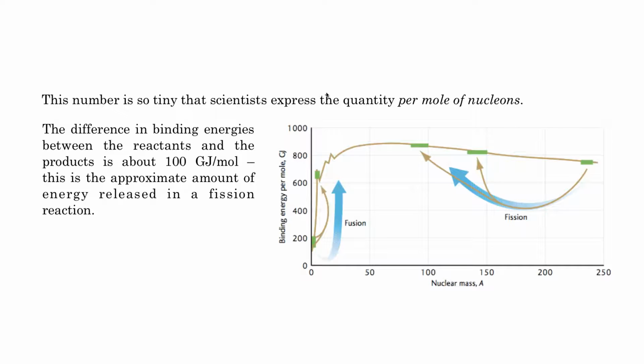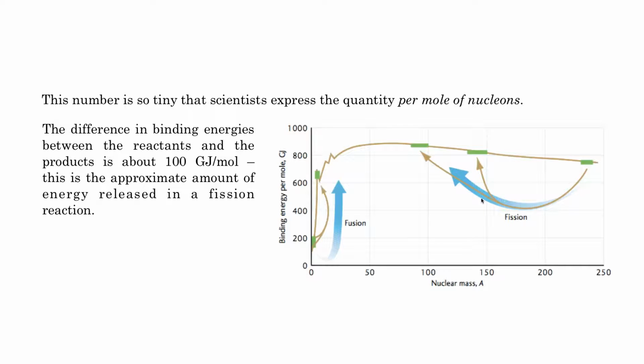So we're going to look at the quantity of energy per mole, because if you look at per particle, it's a teeny, tiny bit of energy. But if you look at per mole, then we're up to something that we can visualize. When I go from fission, I'm starting with a really big nucleus, and I'm creating two much smaller nuclei.